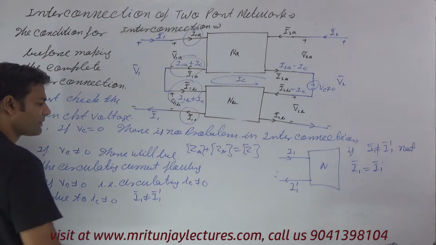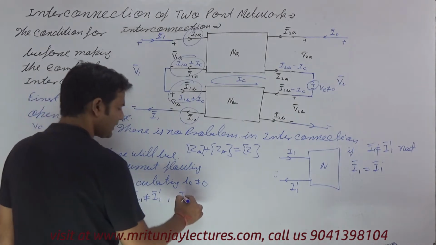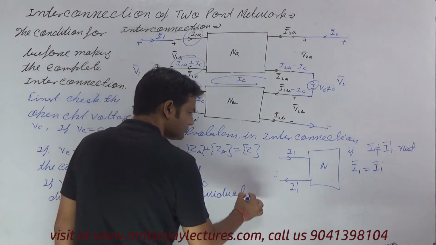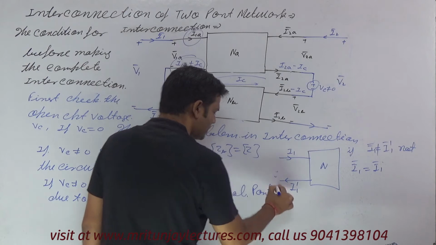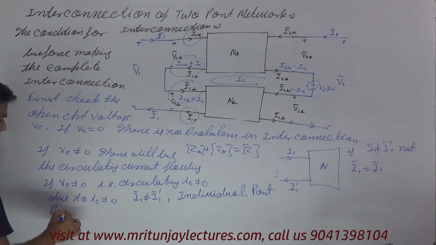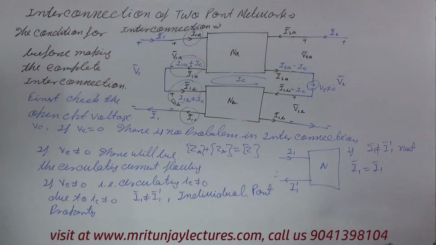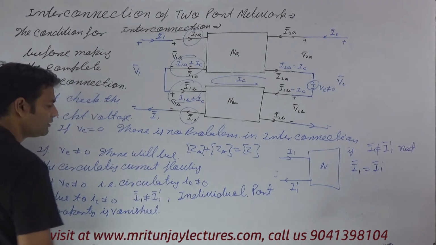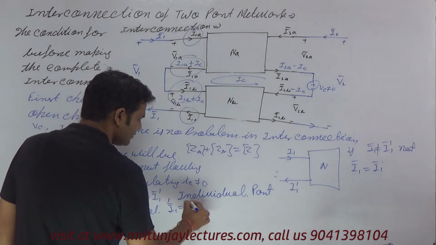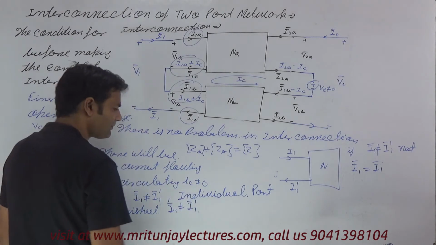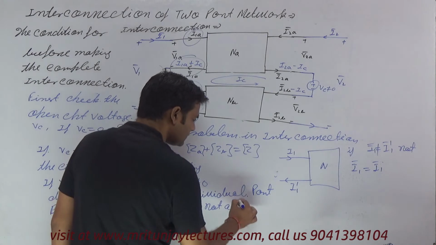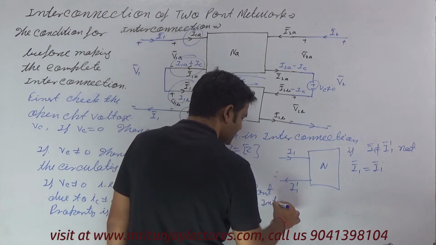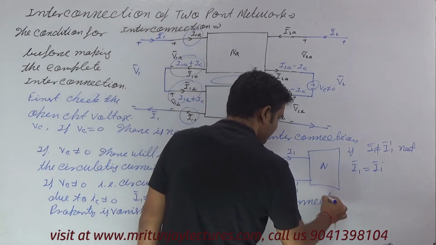If the circulating current is not 0, then I1 is not equal to I1 dash, which means the individual port property vanishes. I1 not equal to I1 dash is not allowed, so interconnection is not allowed. Clear or not?